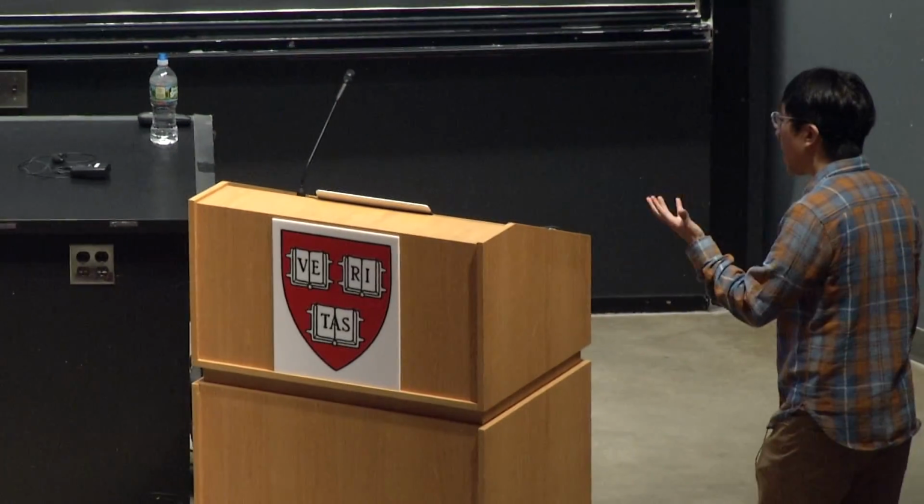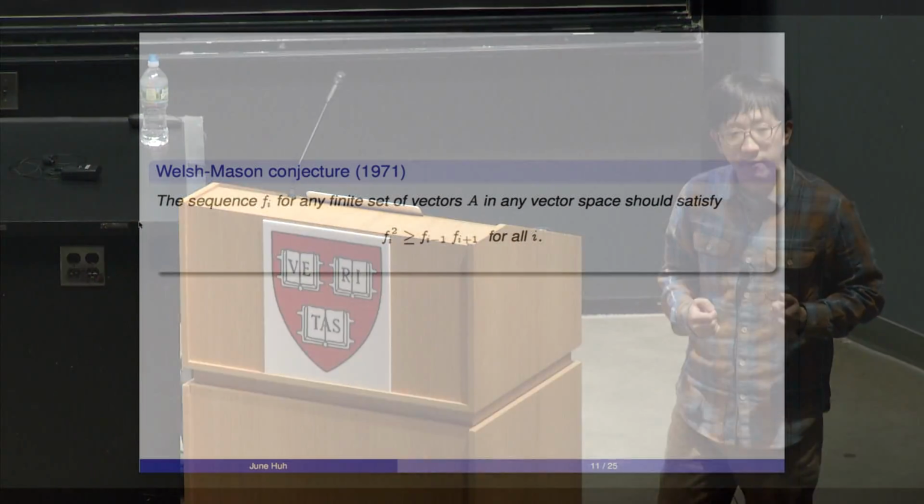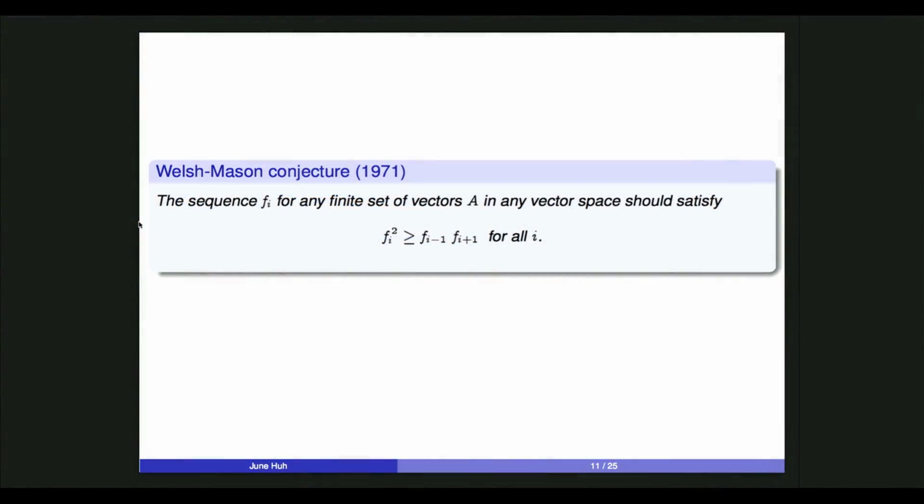So there must be some extra structure that we should be able to capture from a given collection of vectors, which is not captured by this inclusion-exclusion type relation. And that is the Hodge-Riemann relation.